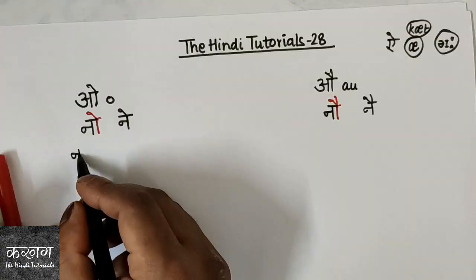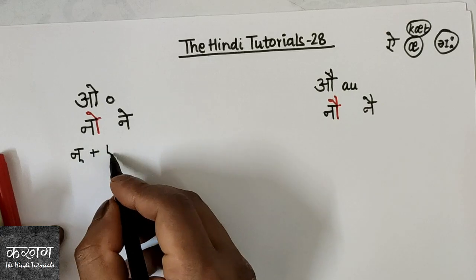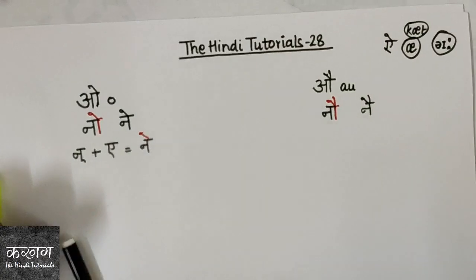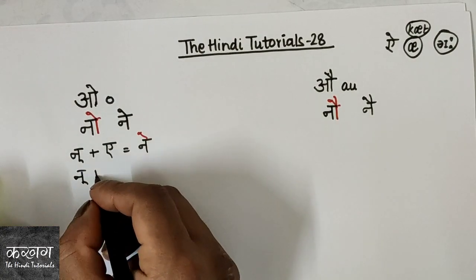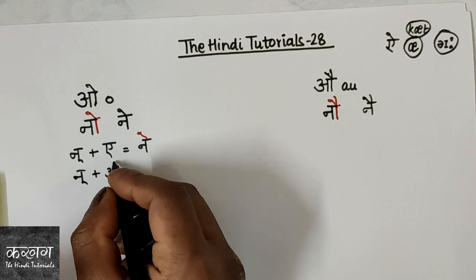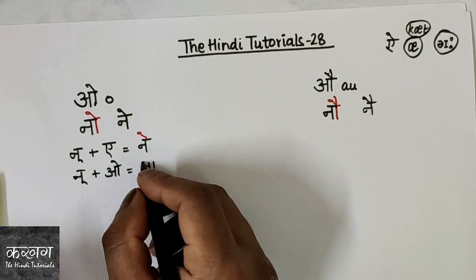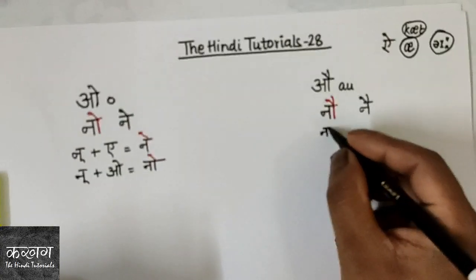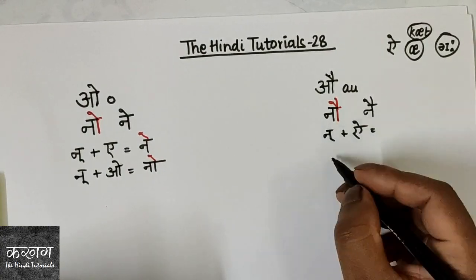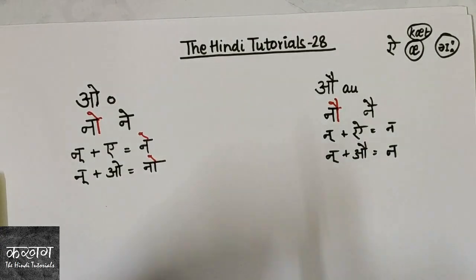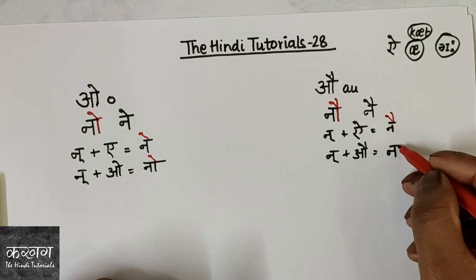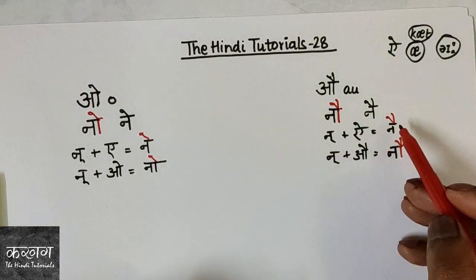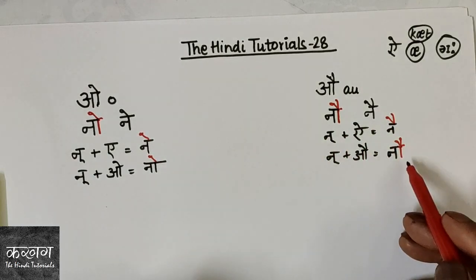Remember that the consonant n plus a is ne, and consonant n plus o is no. Similarly, here it's ne and here it's no. So ne, ne, no, no.